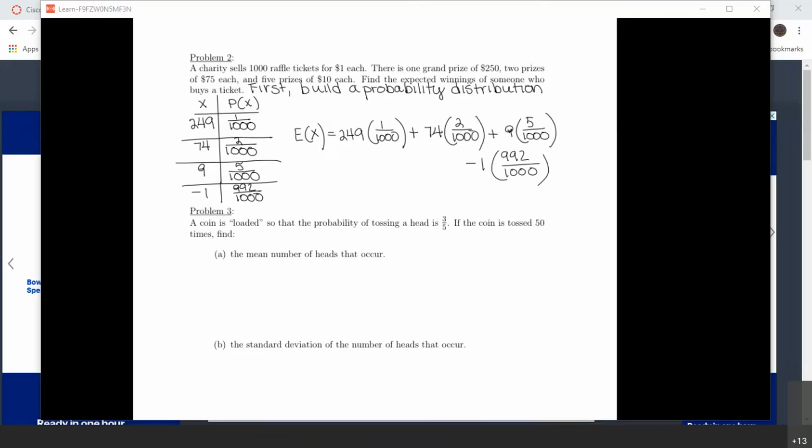And again, you can type this into your calculator exactly that way. When I did it, I got this.